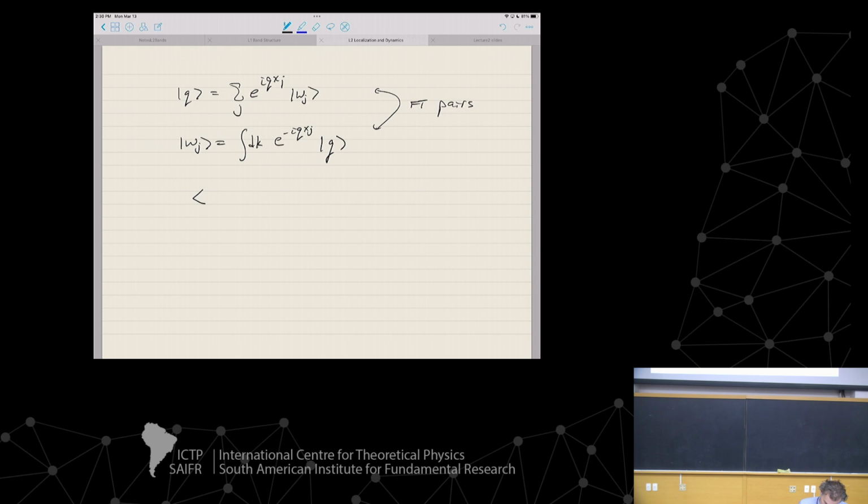Another way of writing that down, which is really useful, is to remember that the projection of q onto Wannier state j is e to the minus i q x_j and its complex conjugate. It reminds you a lot of how k x in free space was e to the minus i k x.